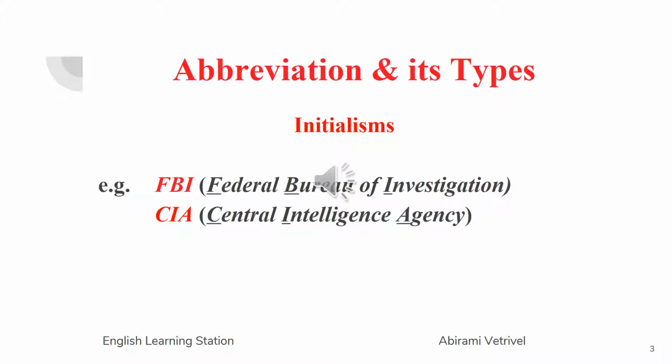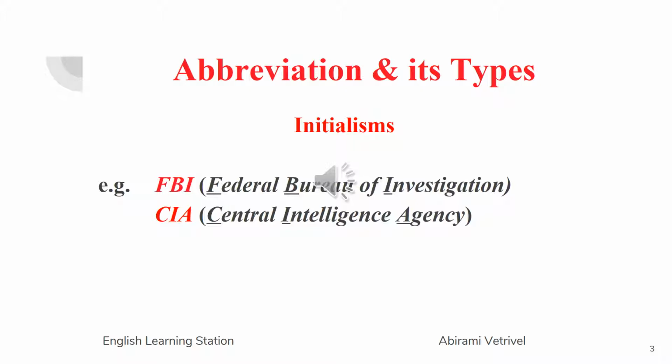For example, FBI and CIA are examples of initialisms because they are made up of the first letters of Federal Bureau of Investigation (FBI) and Central Intelligence Agency (CIA) respectively.